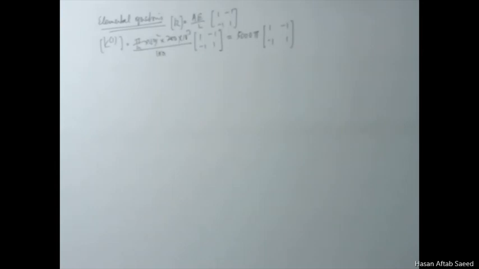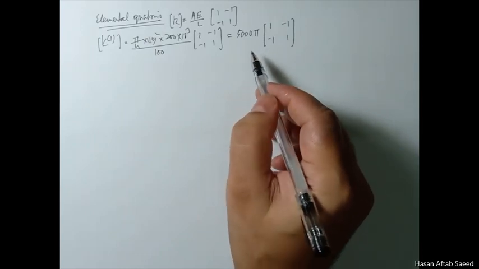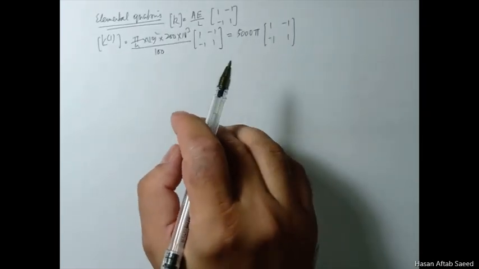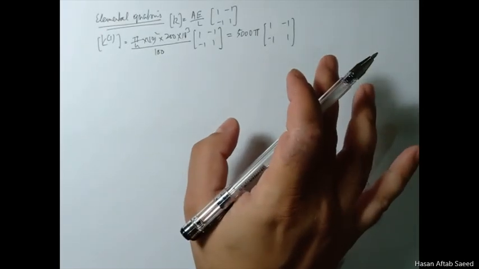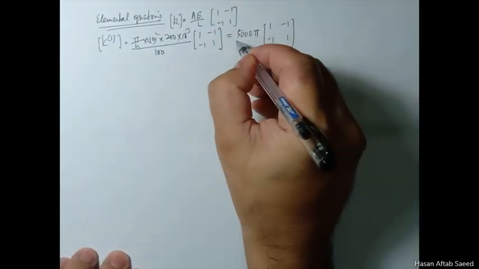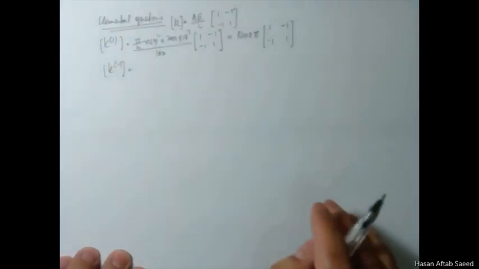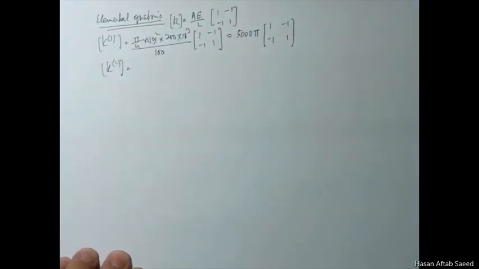If you're doing it with your calculator, try not to write it in the form of decimal points, because then you'll lose information in every step, and in the end you might have some errors. So we are trying to avoid that. If you're using your computer, some sort of algorithm or Excel, then the problem becomes easier, because then you can use double precision arithmetic, and that is advisable. Here I'm just doing it by hand, so I'll keep this pi here. It's always good practice to lose as little information as possible, especially in these problems.